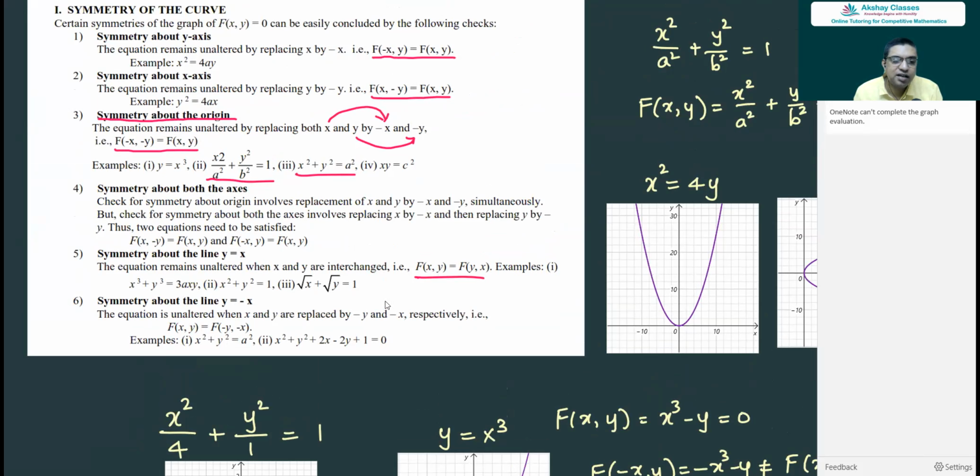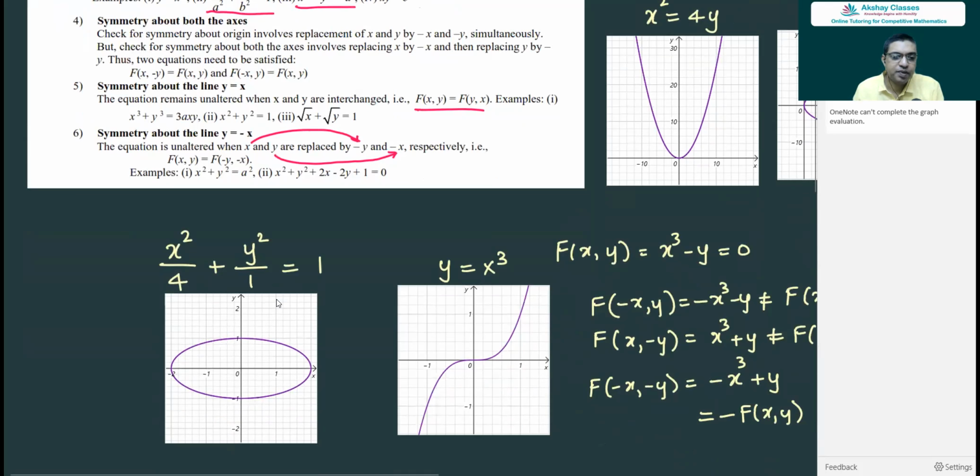But if we replace x by minus y and y by minus x, and the function doesn't get altered, then we say that it is symmetric about the line y equal to minus x. So this previous graph is not symmetric about the line y equal to minus x, or x plus y equal to 0. The ellipse is not symmetric that way, but circles are symmetric.